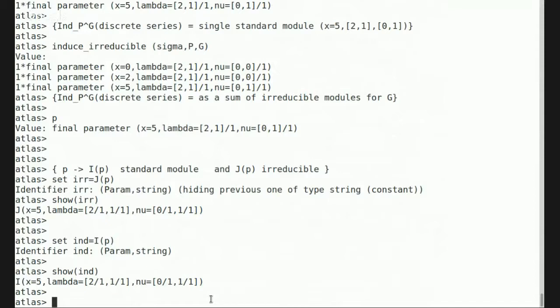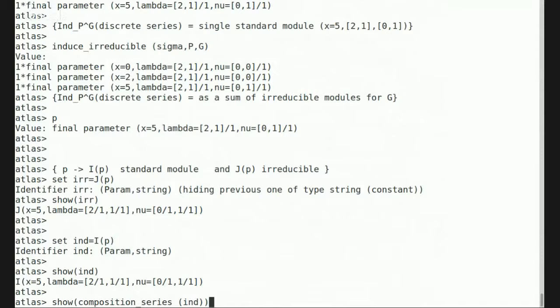So, for example, if you have a standard module, you can look at its composition series. Now, back when we were talking about parameters, I would always just say print or print s to look at a parameter. But in the world of what I call modules, where you distinguish between these irreducibles and standards, whenever you want to look at something, you should use this command show.